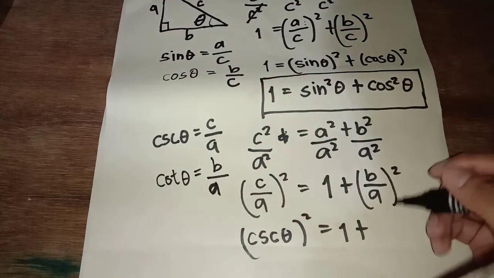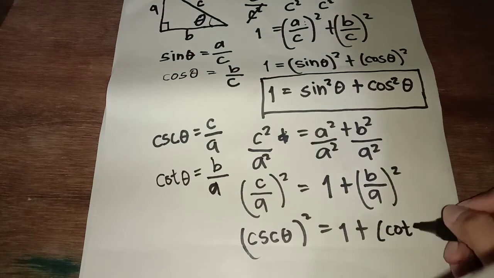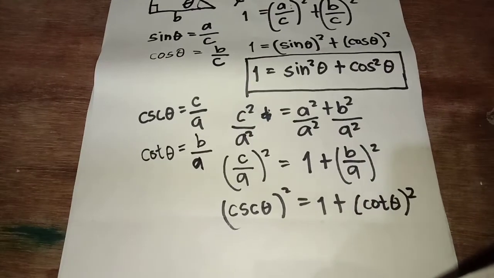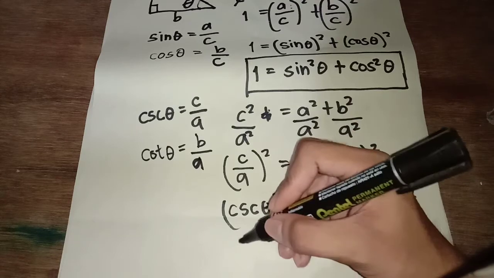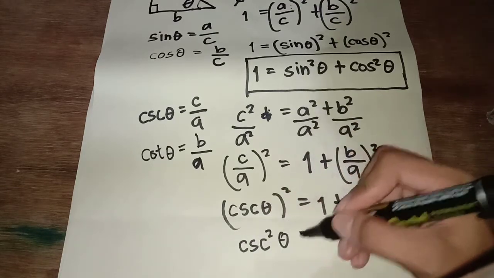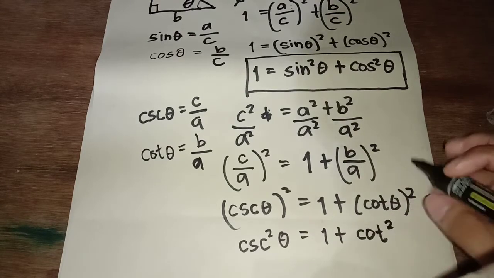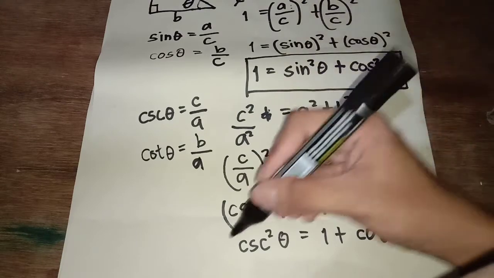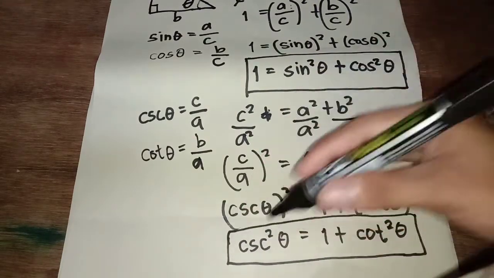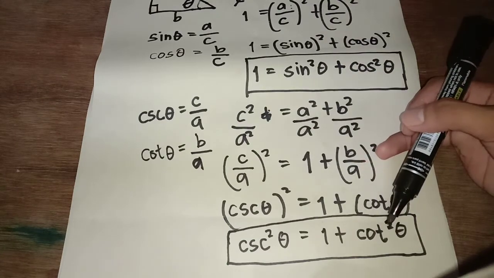Bale dito, that is cotangent theta squared. So therefore, we have the relation cosecant squared theta is equal to 1 plus cotangent squared theta.